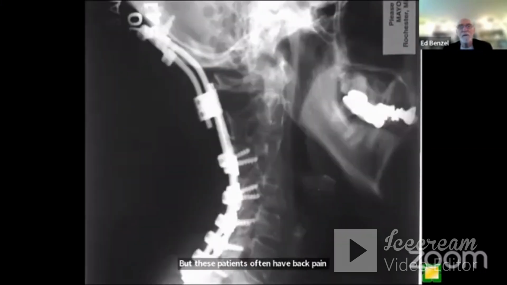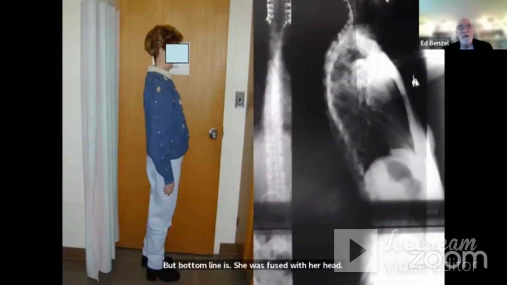But these patients often have back pain as well. This is a lady who had an occipital to thoracic fusion for reasons that were not clear to me. But bottom line is she was fused with her head in a slightly flexed position. So in order for her to maintain balance, she has to lean backwards, as you can see here on her scoliosis view, and thus puts a lot of stress on the facet joints and the intervertebral disc, causing back pain.